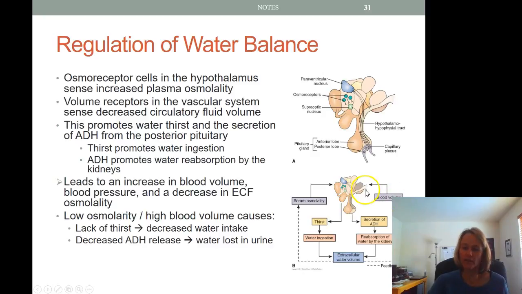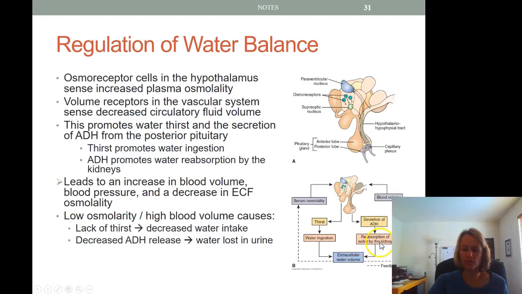We also have volume receptors in the vascular system that can sense when we have a decrease in circulatory fluid volume. This takes a larger change, about a 5 to 10% change. So when we have a decrease in blood volume, this also will cause the secretion of antidiuretic hormone, and this will cause reabsorption of water.